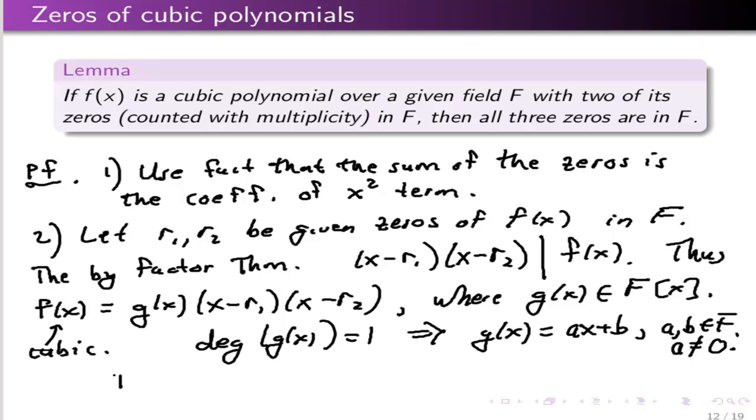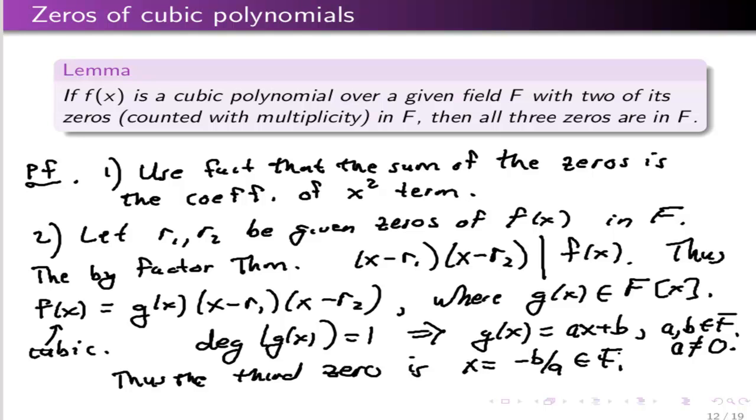And so thus the third zero is x equals minus b over a, which is an element of the field capital F.